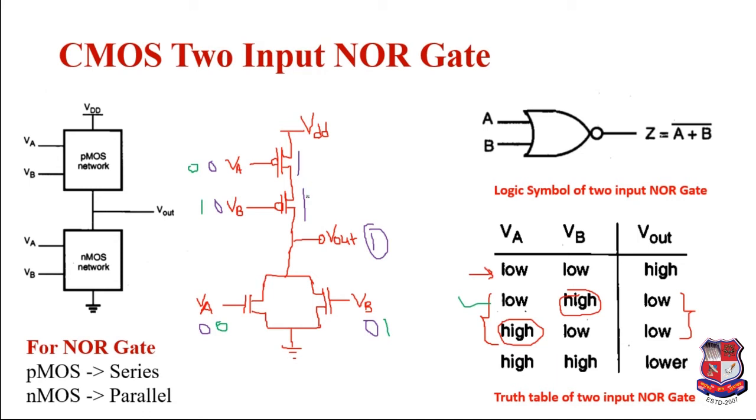For this input condition, this PMOS transistor will be turned on and it is again short circuited, but this second VB PMOS transistor will be turned off and it will be open circuited. So in this case the output is not going to become logic 1.